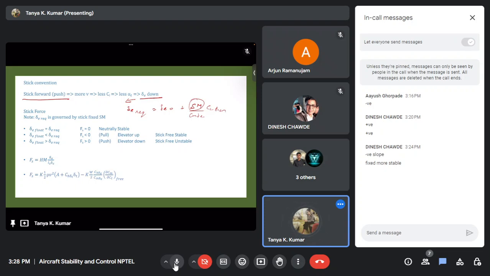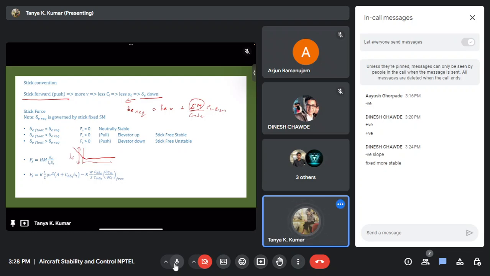So let me just try drawing it. So if this is your stick, and if I were to deflect it, it will be something like this, right? So this length is Ls, length of the stick.